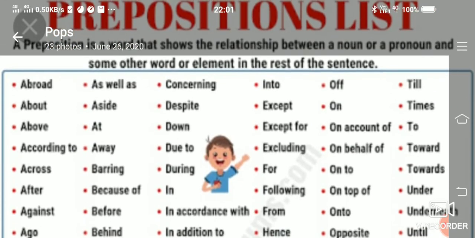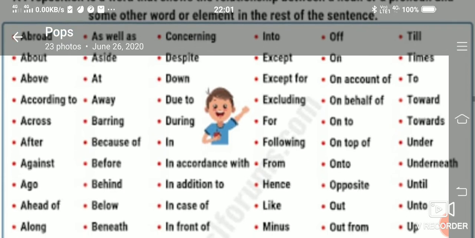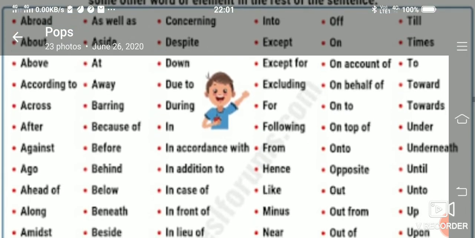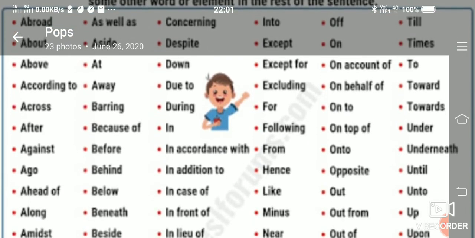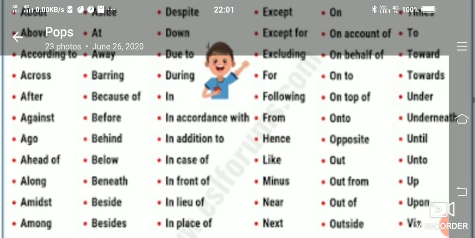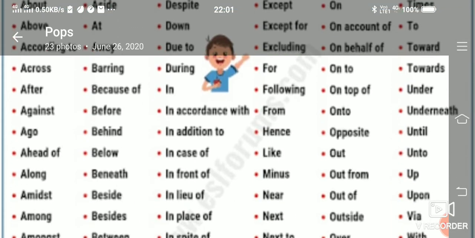There are more than 100 prepositions in the English language. In addition, there are endless possibilities for creating prepositional phrases. Phrases that begin with a preposition and end with a noun or a pronoun are known as prepositional phrases.